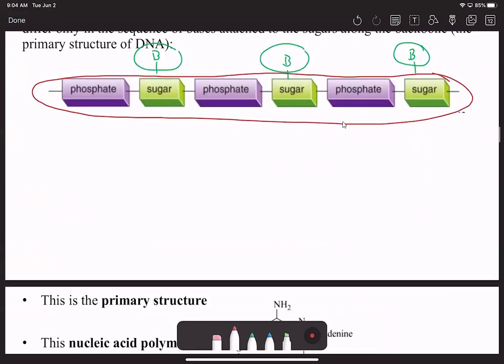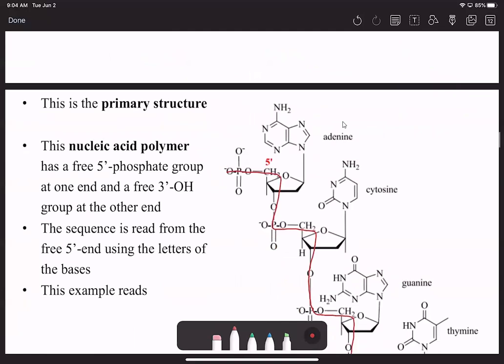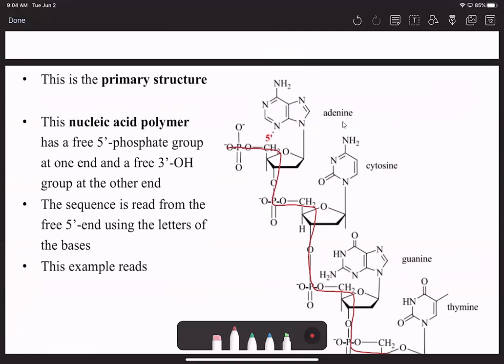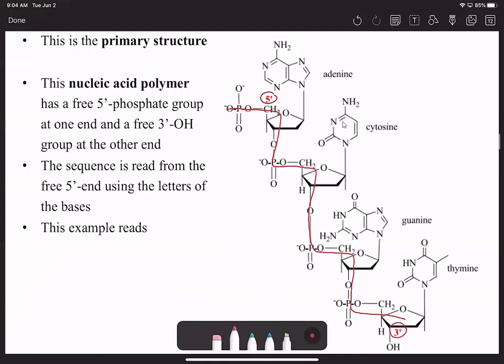And then we're going to see where it says 5' and 3'. And this is always the sequence of our nucleic acid. So here, this is what we're going to call the 5', and then what we call the 3'.